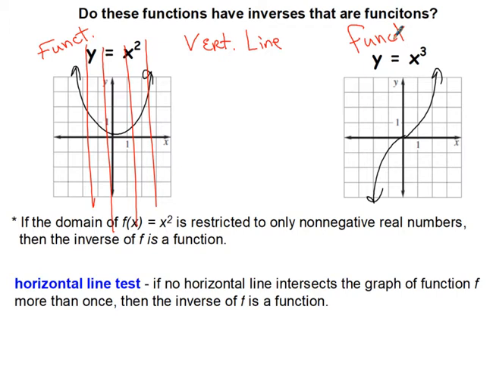When it comes to the horizontal line test, though, it's wondering whether or not the inverse is a function. Now, that doesn't mean that the inverse equation can't be written. It just means the inverse isn't a function. So if I were to draw a horizontal line through here, I see that it touches the graph of my parabola twice. So the inverse is not a function.